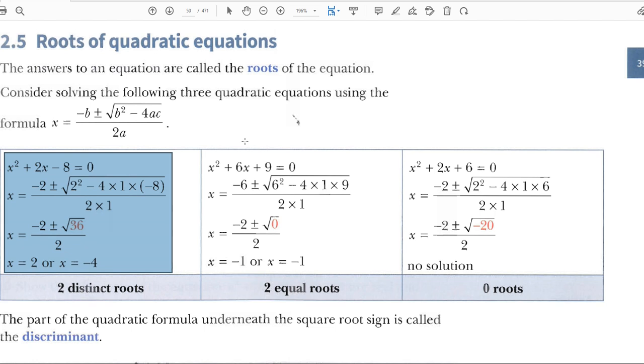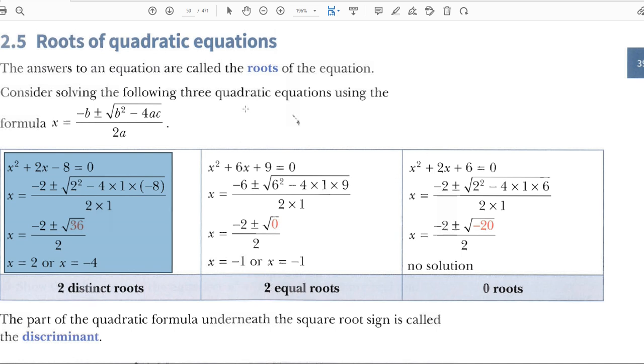So you can see there are two roots, one is 2 and the other is −4. And 2 and −4 are different, so we call them distinct roots. Distinct means both are different.